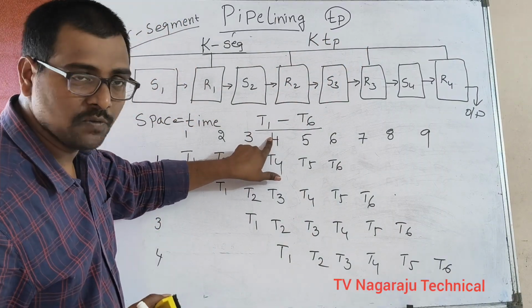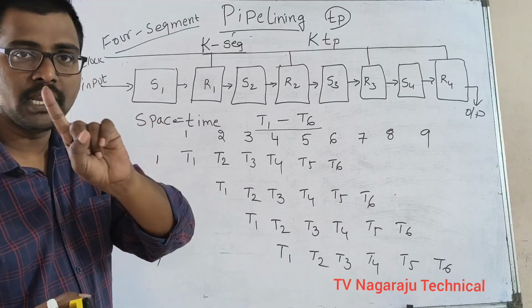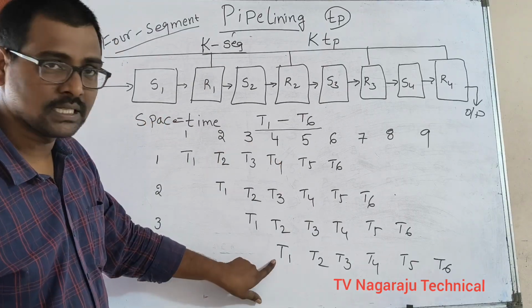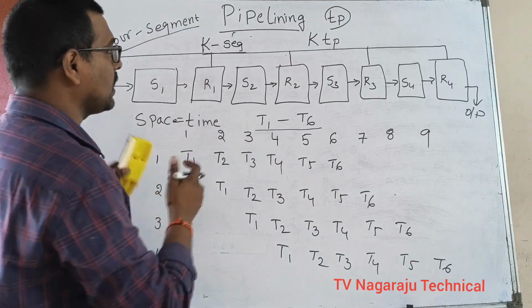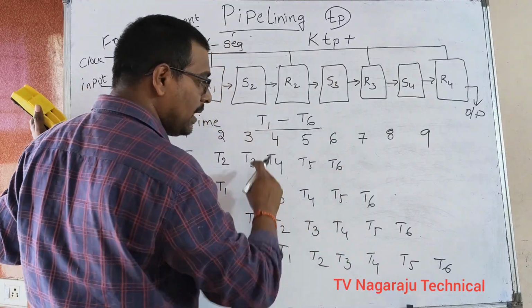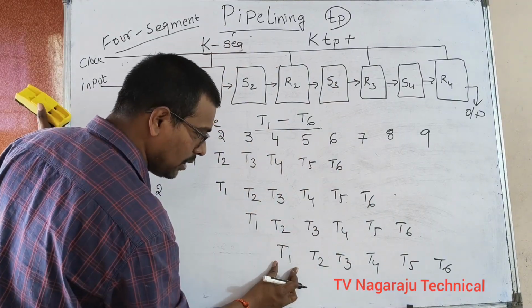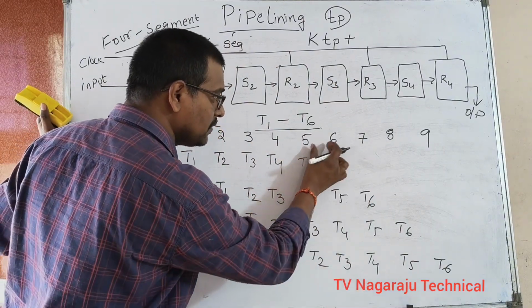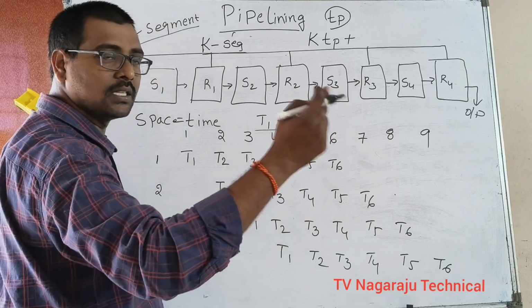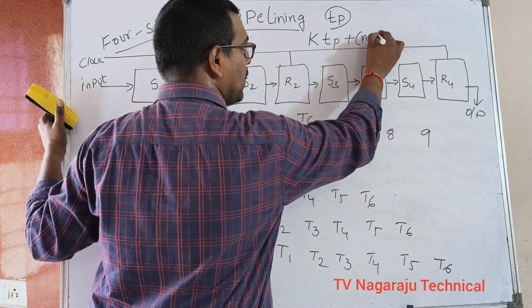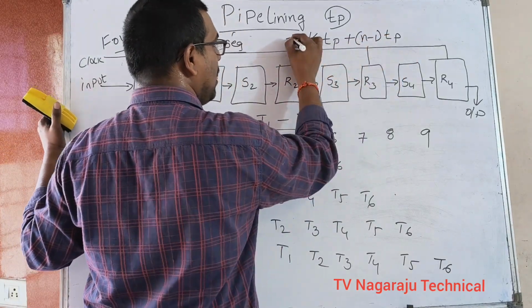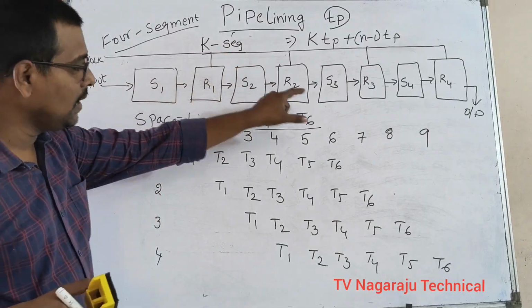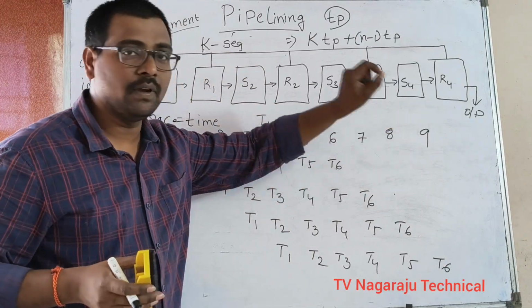Suppose the k value is 4, 4 into Tp, assume each Tp is equal to 4 seconds. Plus the remaining tasks: after this, for each clock cycle, one more task is completed. So this is the formula for how many tasks are completed in given clock cycles.